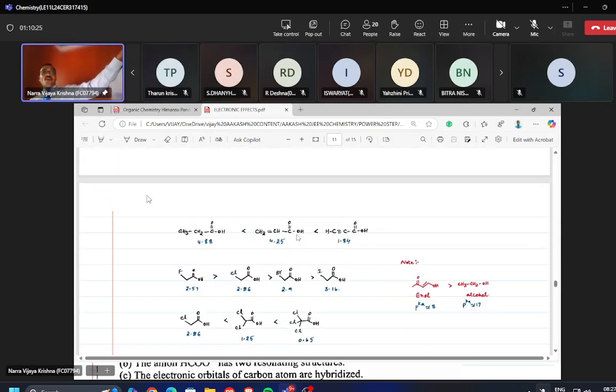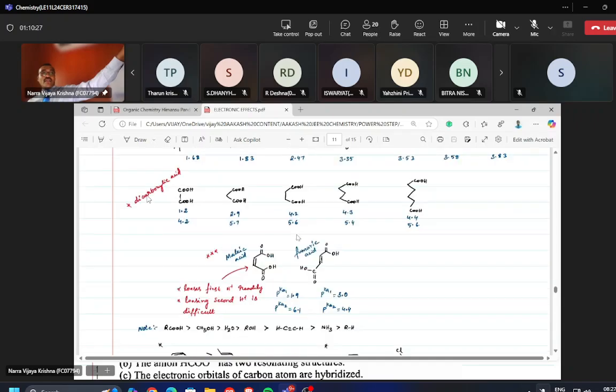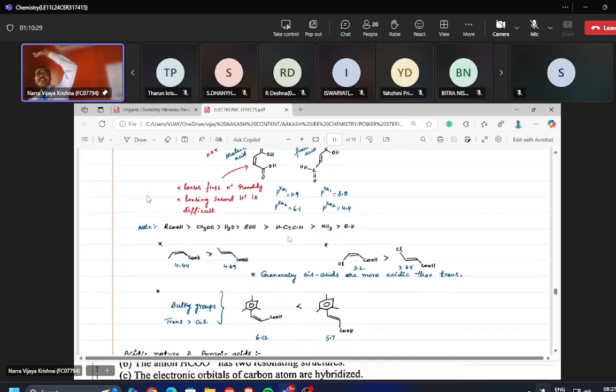Now, what I am comparing here, note. Read that note carefully, what I have written. Carboxylic acids are more acidic than methanol, which is more acidic than water, which is more acidic than alcohols, which is more acidic than alkynes, meaning percentage s character, which is more acidic than ammonia, which is more acidic than alkane.